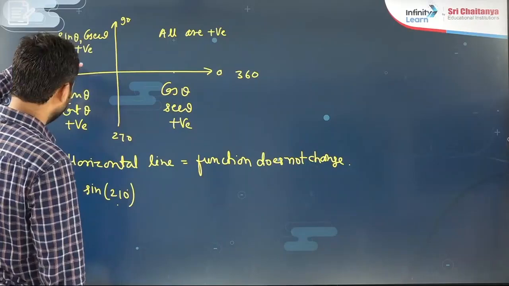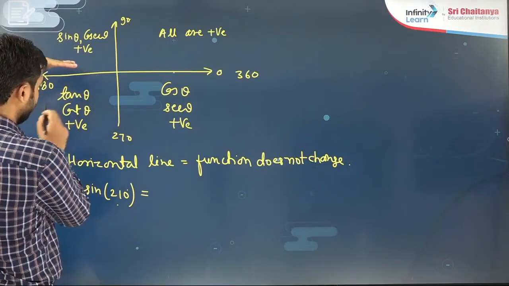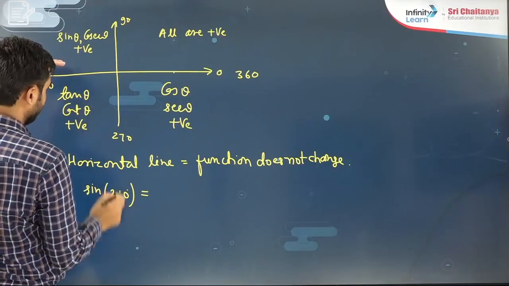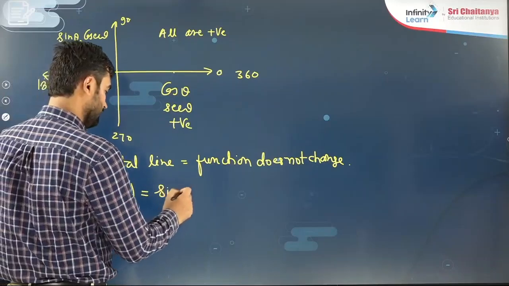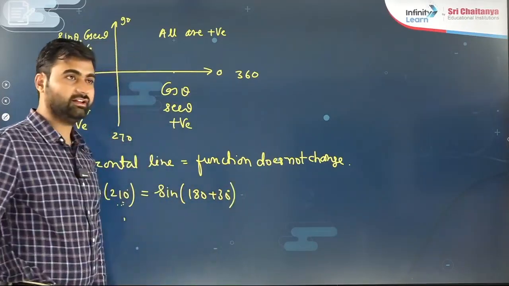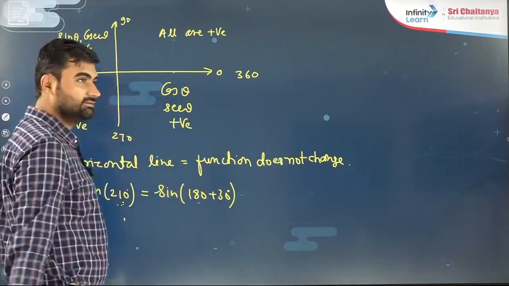By using the horizontal line, how will we write it? This is in the third quadrant. So 210 equals 180 plus 30. If we add 30 to 180, then what do we get? 210. So we can write it as sin(180 plus 30°). Agree or not? So we use the horizontal line.